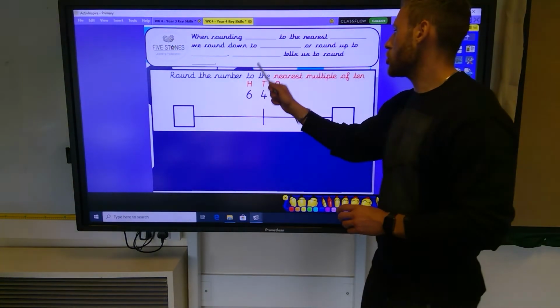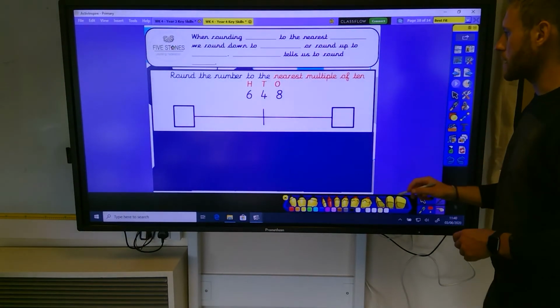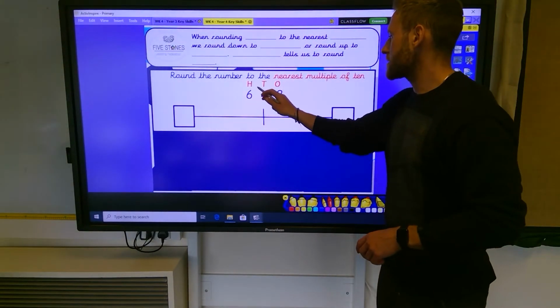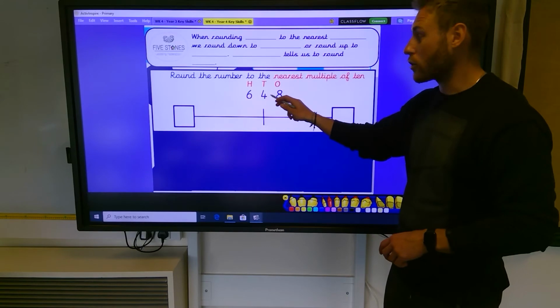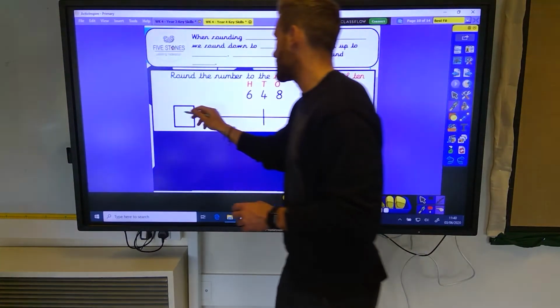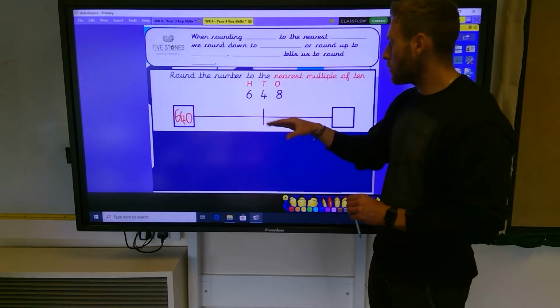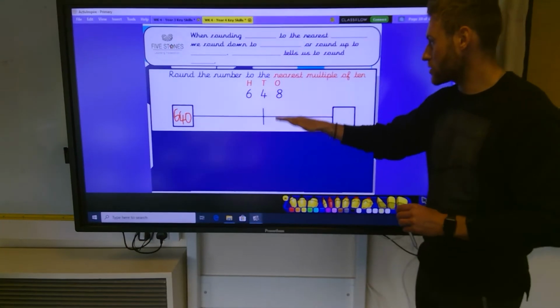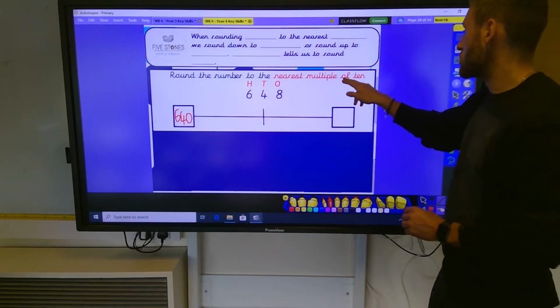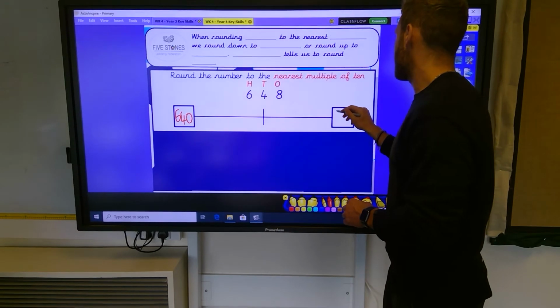So we're rounding the number to the nearest multiple of 10. When I'm looking at the nearest multiple of 10, I've got 640. That's my first multiple of 10, because when we round down, that's the least the number is going to go to. The next multiple of 10 will be 650.